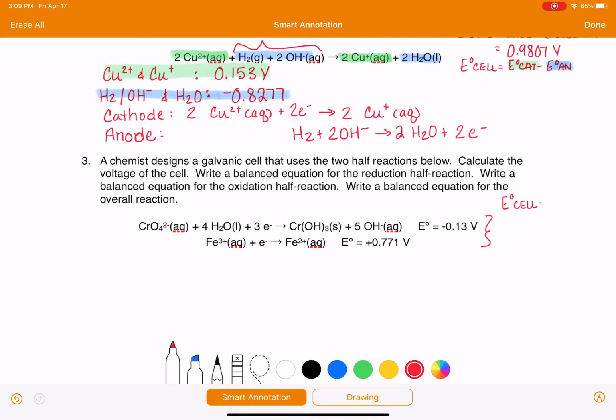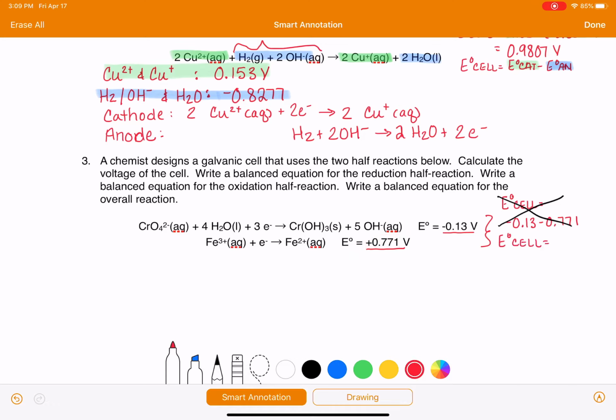The voltage of the cell is going to be cathode minus anode, and our two potentials are given to us here. So one option is going to be negative 0.13 minus positive 0.771, and we can see that that's going to give us a negative voltage, so that can't be right. So that means we got to try it the other way.